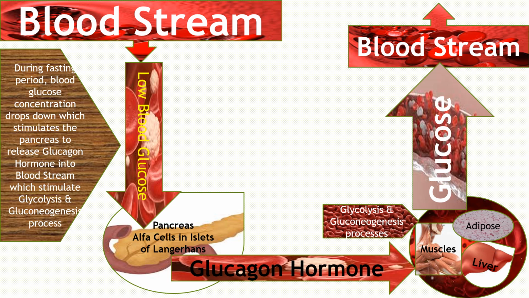When the blood glucose concentration is still low despite the addition of glucose, glucagon hormone further stimulates the breakdown of non-carbohydrates, i.e. the stored fats and proteins, to form glucose, which is added into the bloodstream, therefore stabilizing the blood glucose concentration.